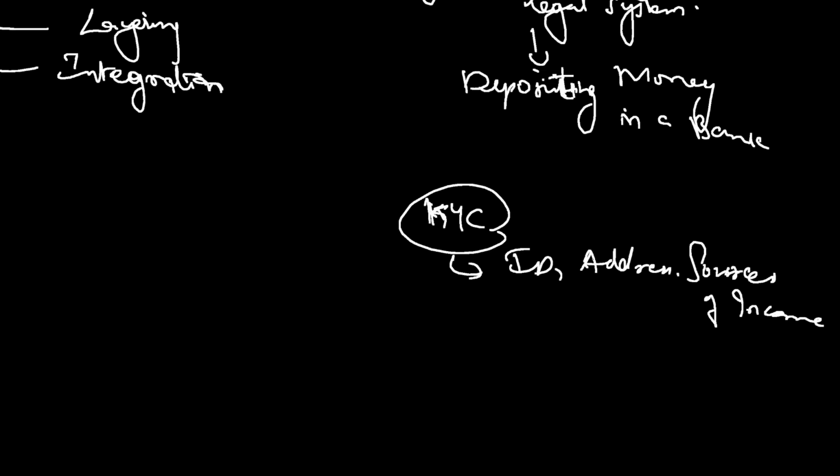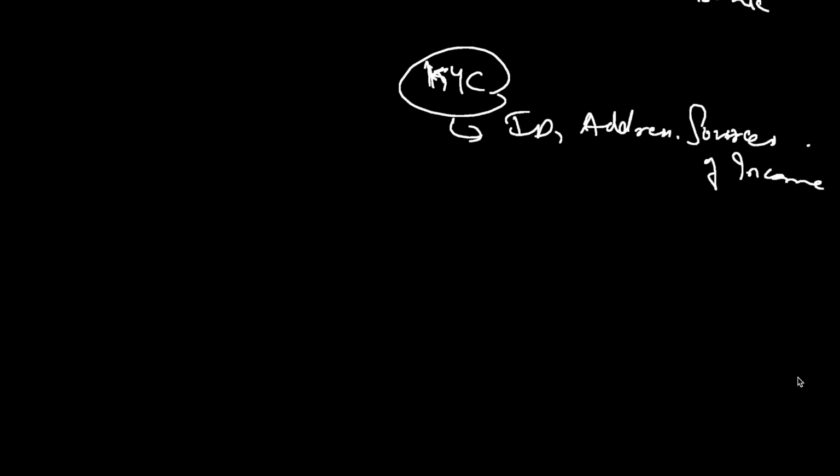However, a money launderer will somehow manage to bring this black money into the legal system. How can he still manage? Quite possible that he can have multiple ID proofs and address proofs. Maybe he bribed somebody and managed to get them, through which he can bring money into the system.